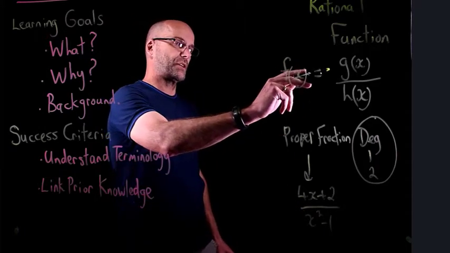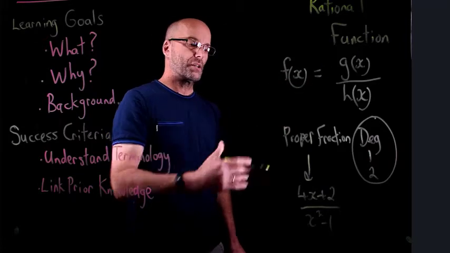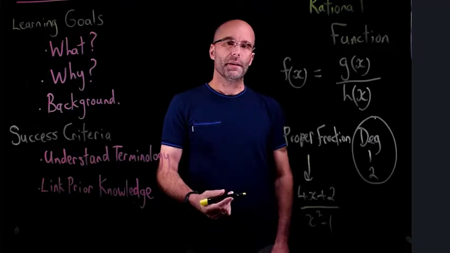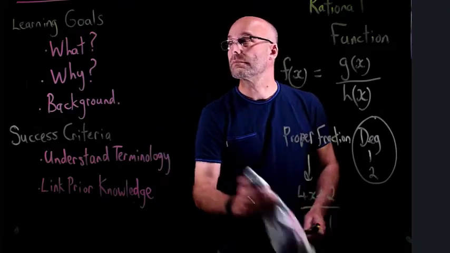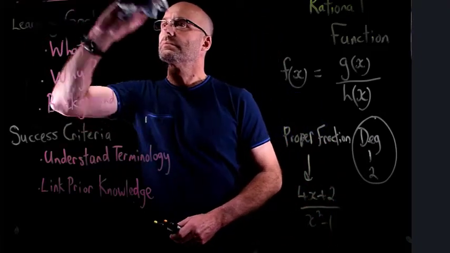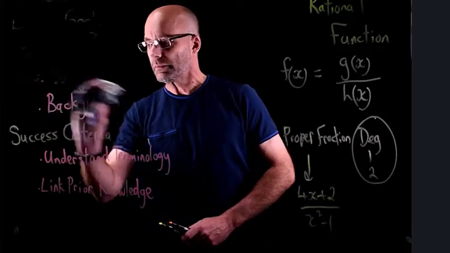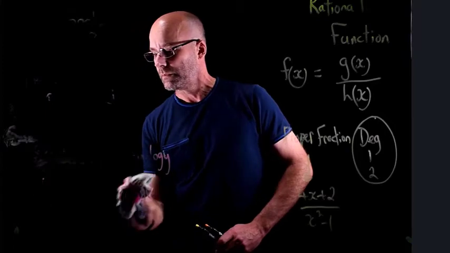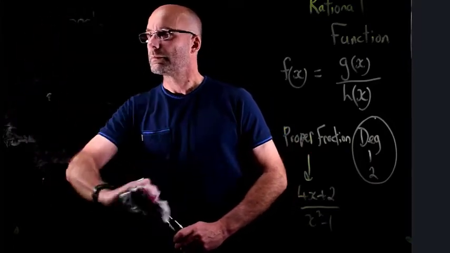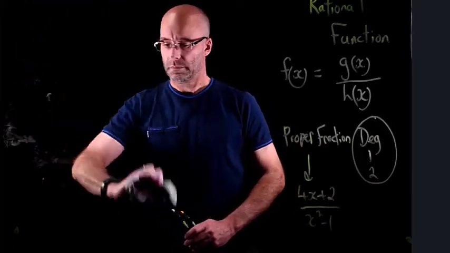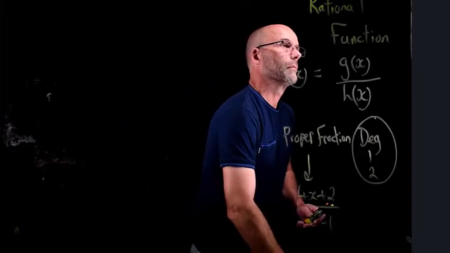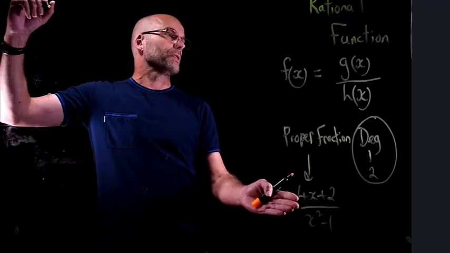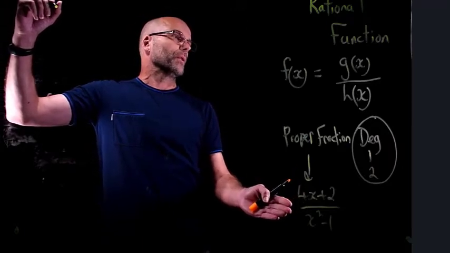So g of x has a lower degree than h of x. That's called a proper fraction, just like you saw in junior. An example might be 4x plus 2 over x squared minus 1.